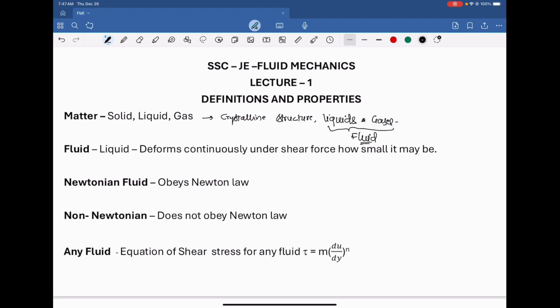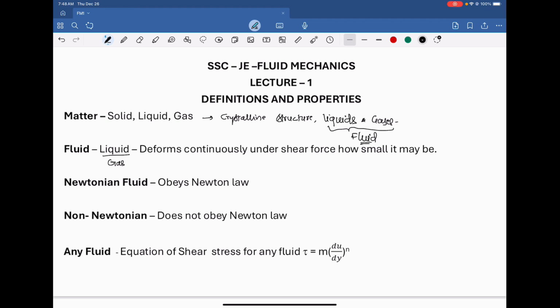A fluid is a liquid or gas. It can be either liquid or gas. Please remember, gas is also a fluid. Liquid is also a fluid. A matter when it exists in gas or liquid form is called a fluid.